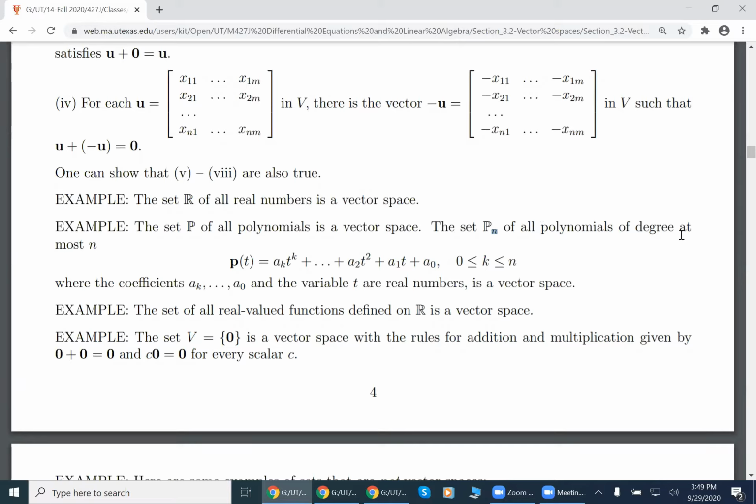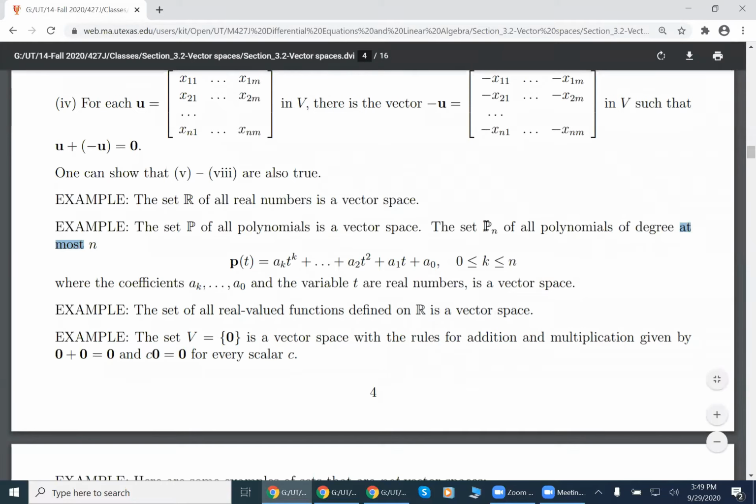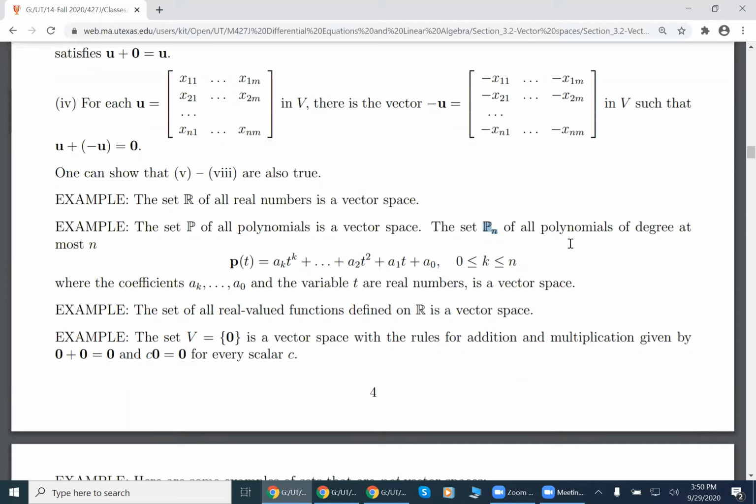Now, if you skip these two words, if instead of Pn, you consider the set of all polynomials of degree n, if n is greater than 0, this new set is not a vector space anymore.